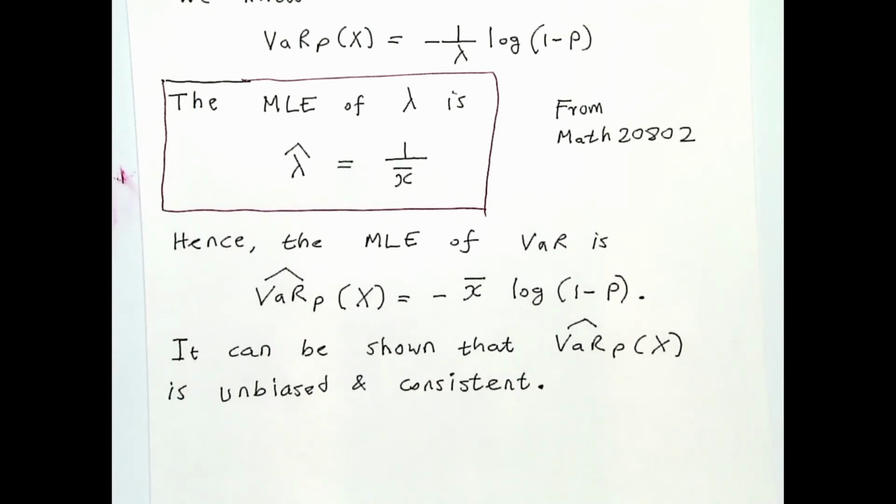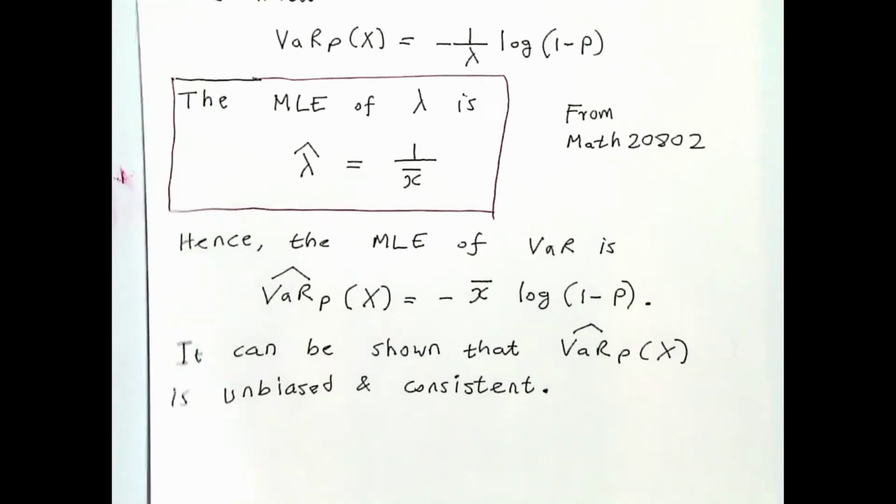So this is a little different from the 2 previous methods. In the 2 previous methods, the estimator was asymptotically unbiased. But here, the estimator is actually unbiased and consistent. And it's not difficult to show that. And once again, when you have time, please try to show that.